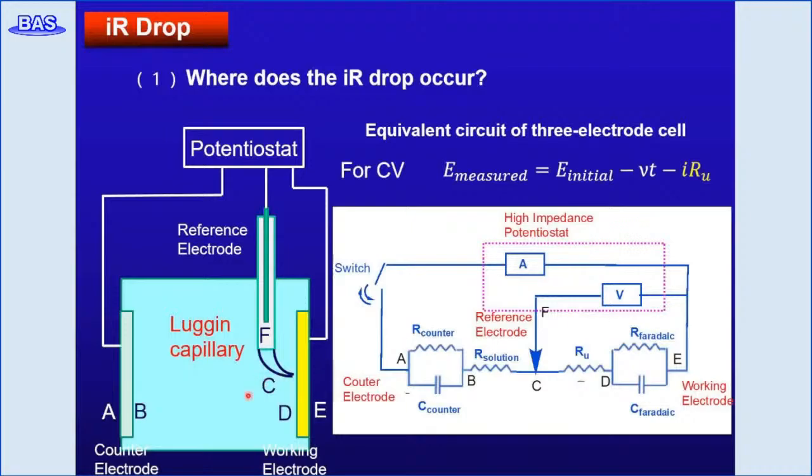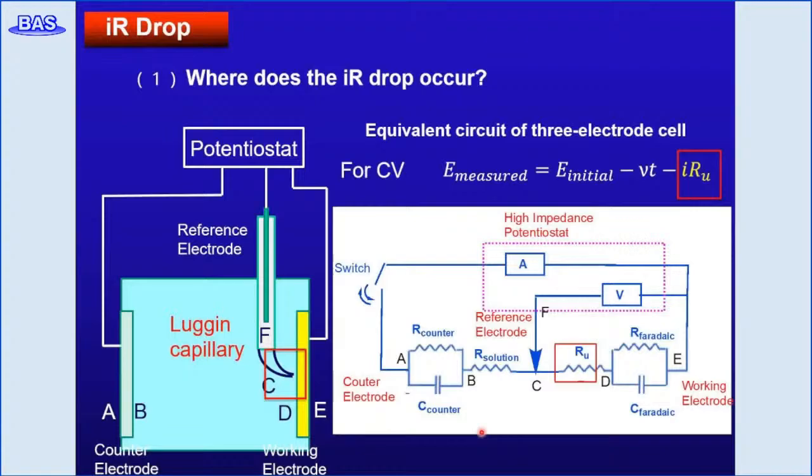There is also solution resistance between the working electrode and counter electrode, and a separate solution resistance between the counter electrode and the reference electrode, which is brought close to the working electrode by the Luggin capillary, so that the circuit can be expressed as a parallel circuit of the resistance and capacitor associated with the charge transfer at the working electrode.